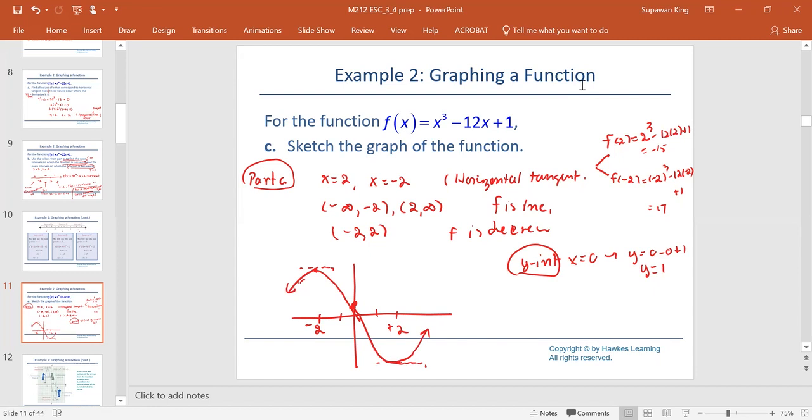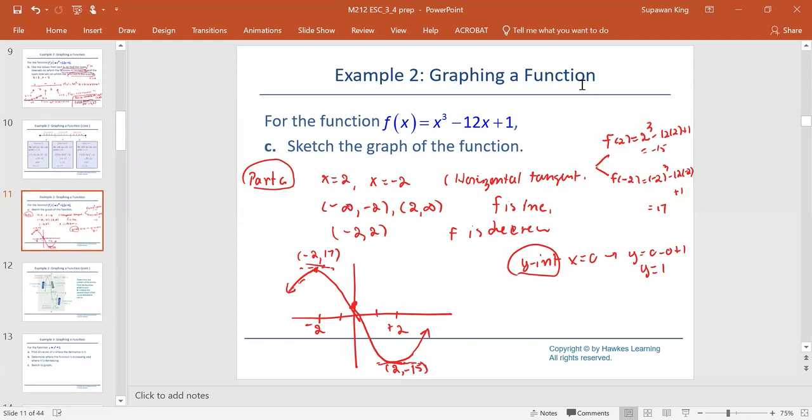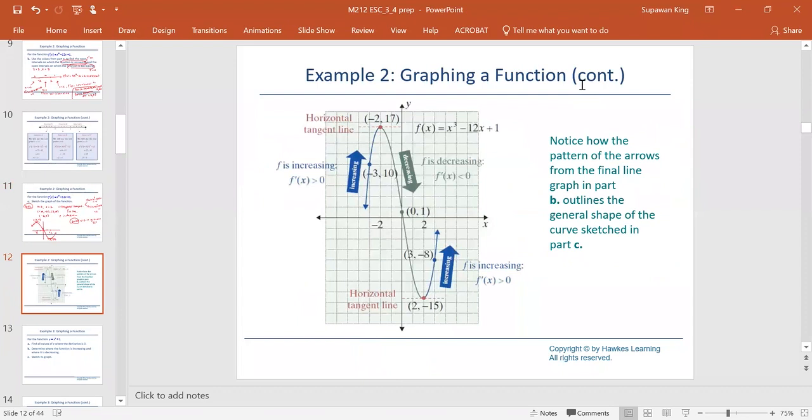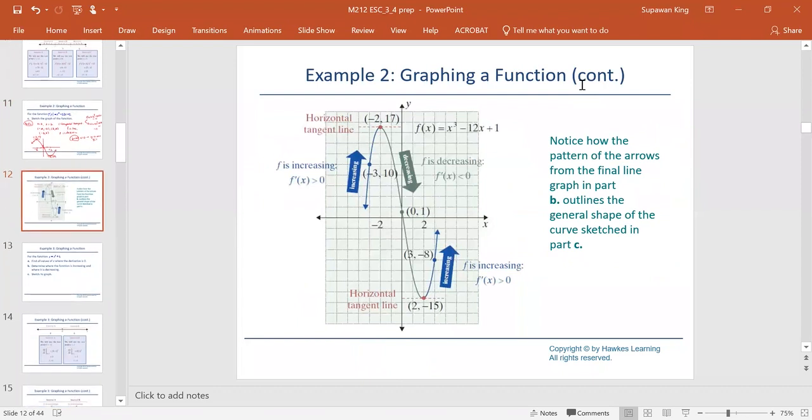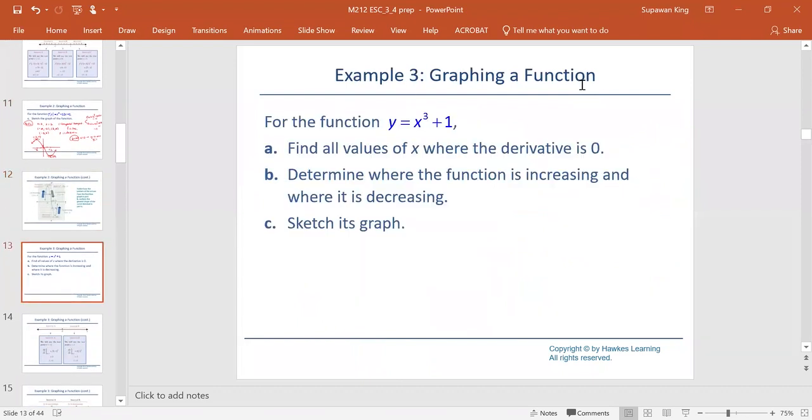Look at the points where the graph has a horizontal tangent: this is -2, 17. Over here is 2, -15. And here is the better looking graph.